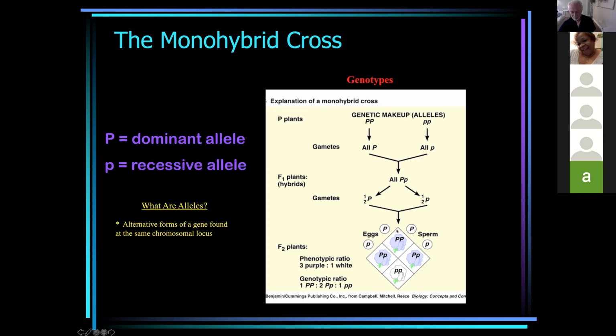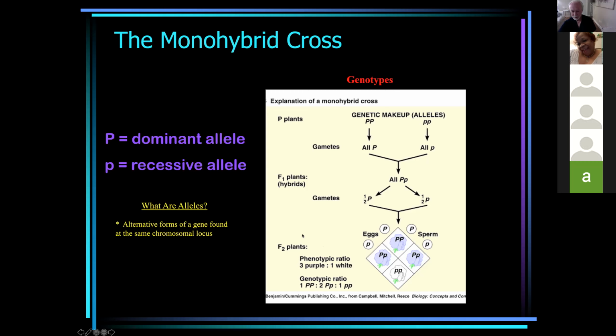So if a big P fertilizes a big P, you get big P, big P, and that's purple. If a big P fertilizes a little p, you get big P, little p, and that's purple. And the reciprocal is also true. But if a little p fertilizes a little p, you now get the genotype little p, little p, and that's white. Everybody see that?